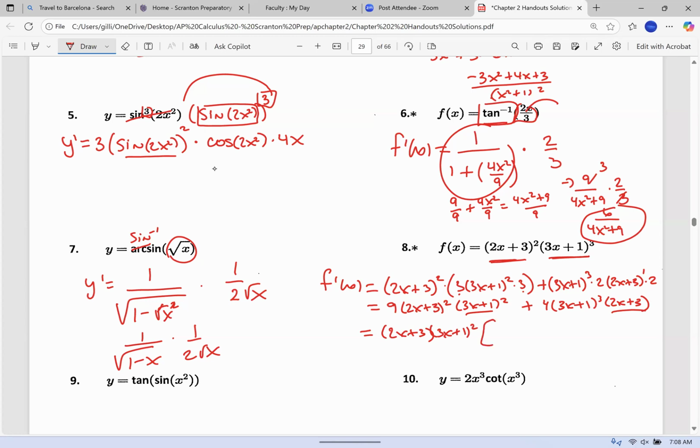And then in return, I'm going to have a 9 times 2x plus 3 plus a 4 times 3x plus 1. You don't have to rewrite everything all over again. It's just going to give you 18x plus 27 plus 12x plus 4, which combines to give me 30x plus 31.